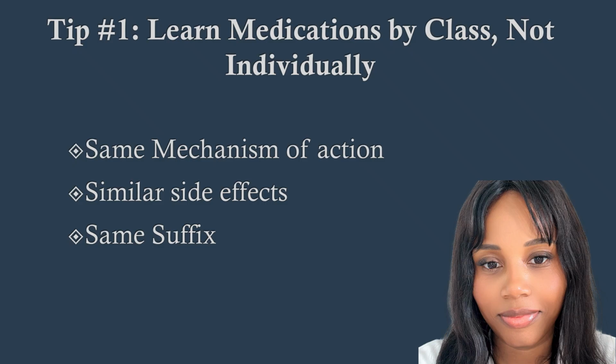And then others are beta 1, beta 2, and alpha 1, like carvedilol, for example. So for certain classes, once you understand the overall mechanism of action, side effects, and suffix, some of them will be unique. You have to know what makes some of them unique.